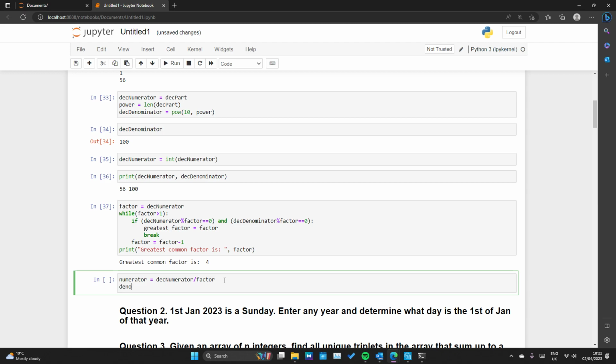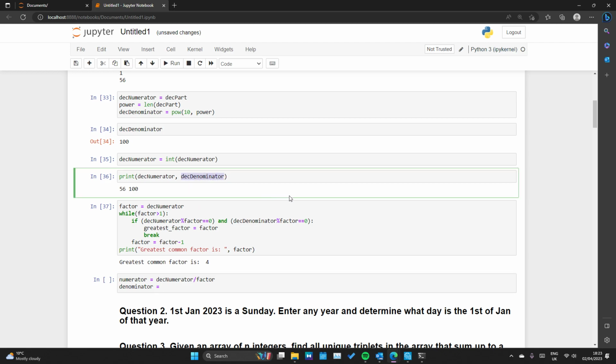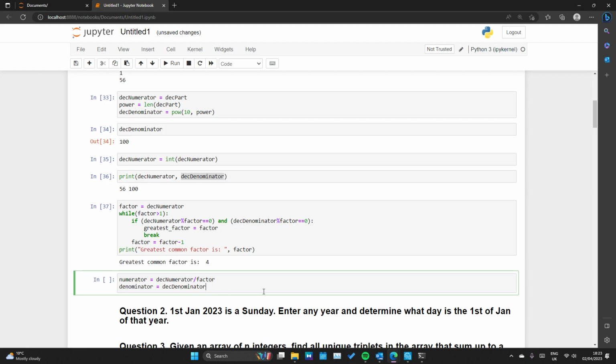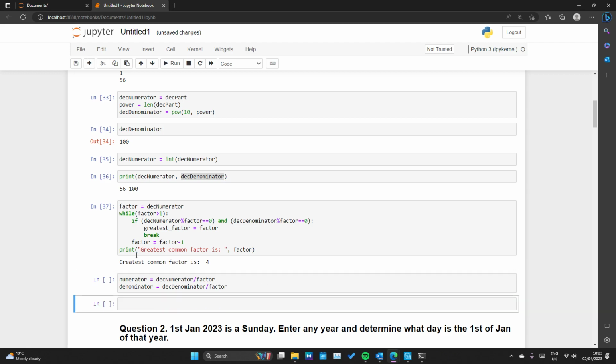And the denominator is simply decimal denominator divided by factor, and we can print our result. So we can have a print statement. So the fraction is, so we can write the integral part.